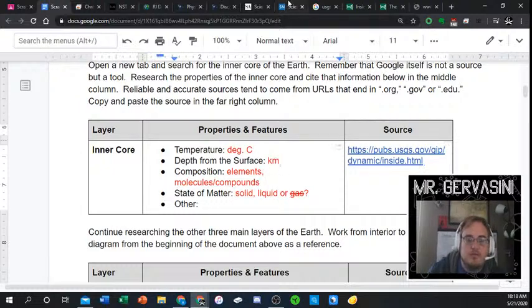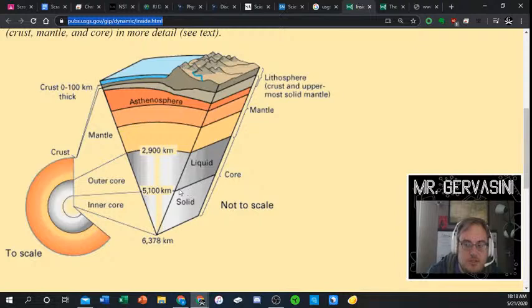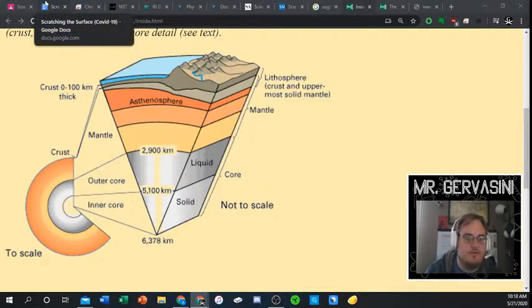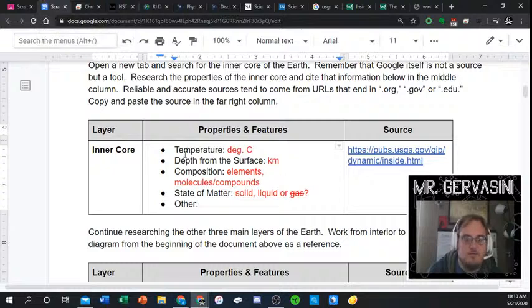It gives me the depth, because again, I'm looking at this picture, and the depth right here is 5,100 kilometers. State of matter, it's a solid. So I've already gotten 2 out of the 5 things I'm looking for. I know the depth, I know it's a solid. How about its composition and its temperature?